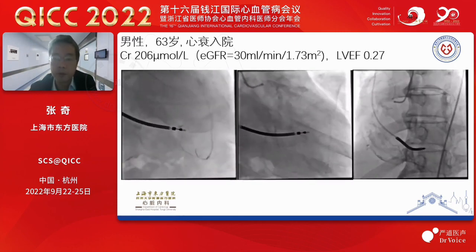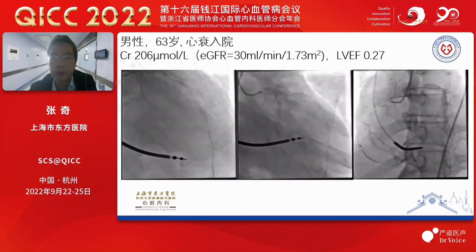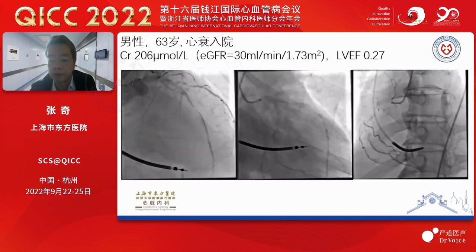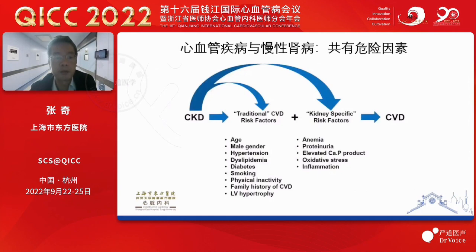When we do the angiogram for those patients, we usually see diffuse multivessel lesions and severe calcification, and I think this is very commonly seen. Actually, there are many common risk factors for cardiovascular diseases and chronic kidney disease.